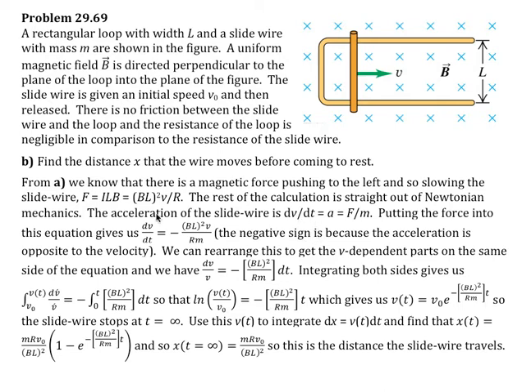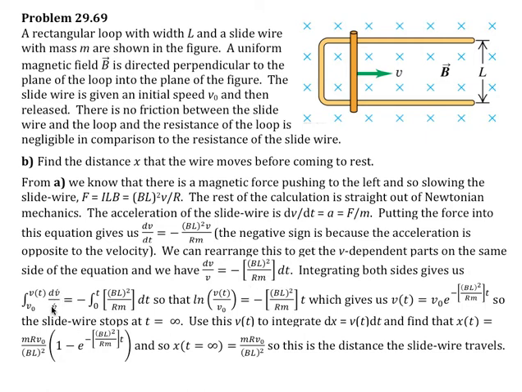But we can see this more carefully just by using Newton's second law. dv/dt is the acceleration, and that's the force per unit mass. So we plug in the force and we get this equation for dv/dt. Negative sign because the acceleration is decreasing the speed. We can rearrange this to get all the speed parts on the left. Divide by v: dv over v is minus this quantity times dt.